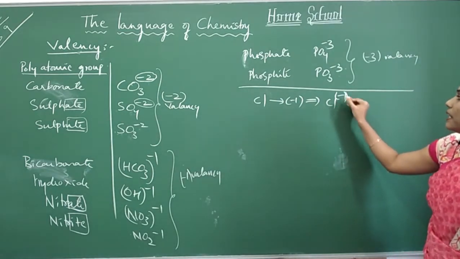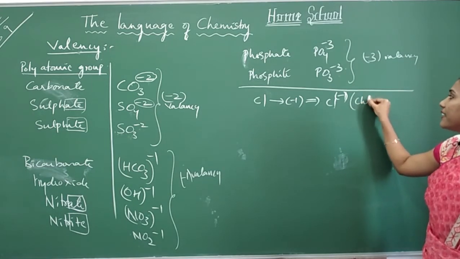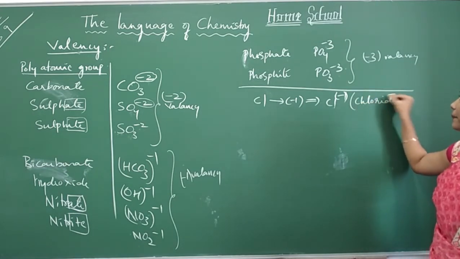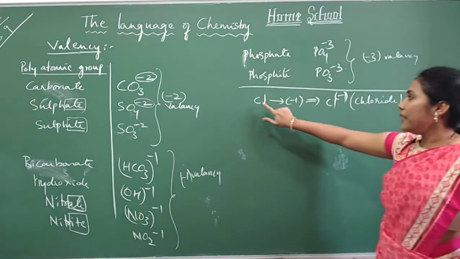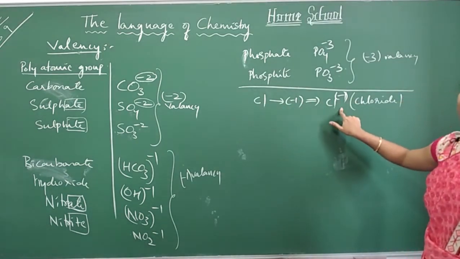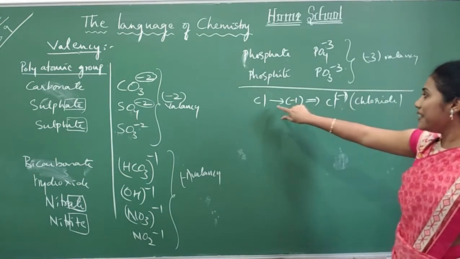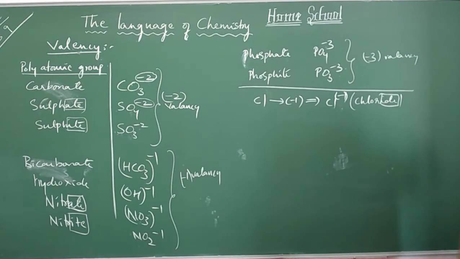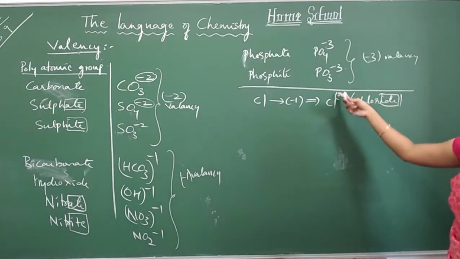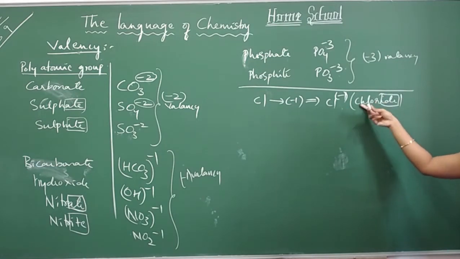And this Cl minus 1 can be called with the name chloride. Remember, when an element is having a negative valency, then the element's name should end with IDE. Actually, you cannot call it chlorine radical. You have to call it chloride radical.